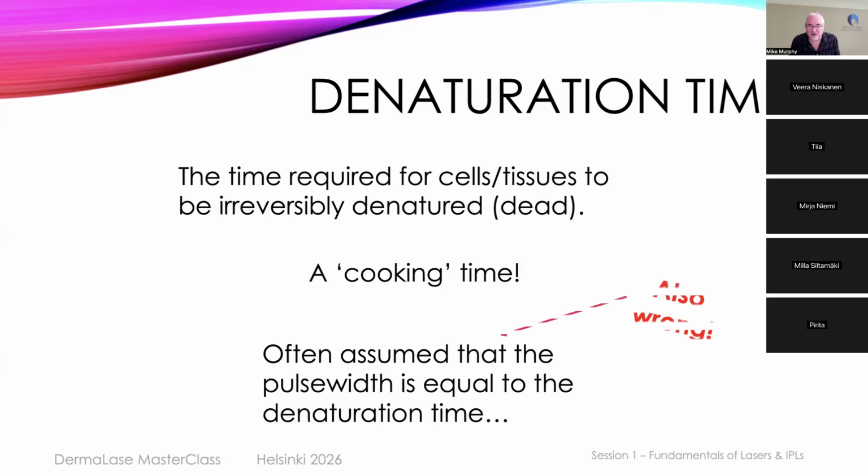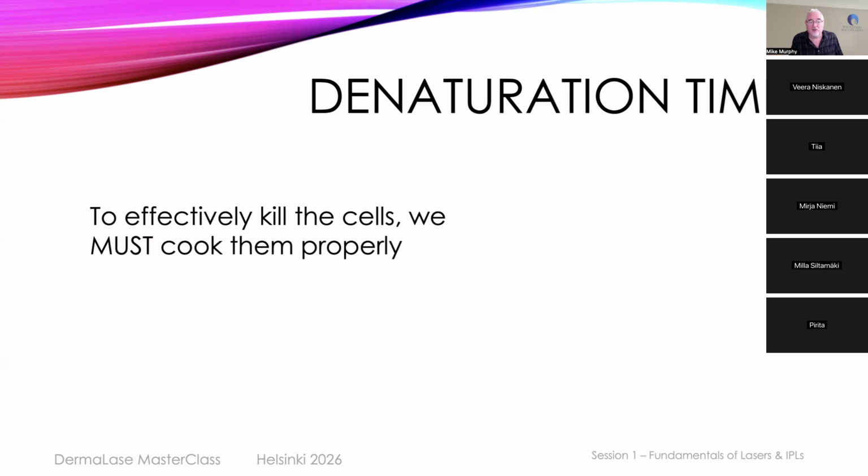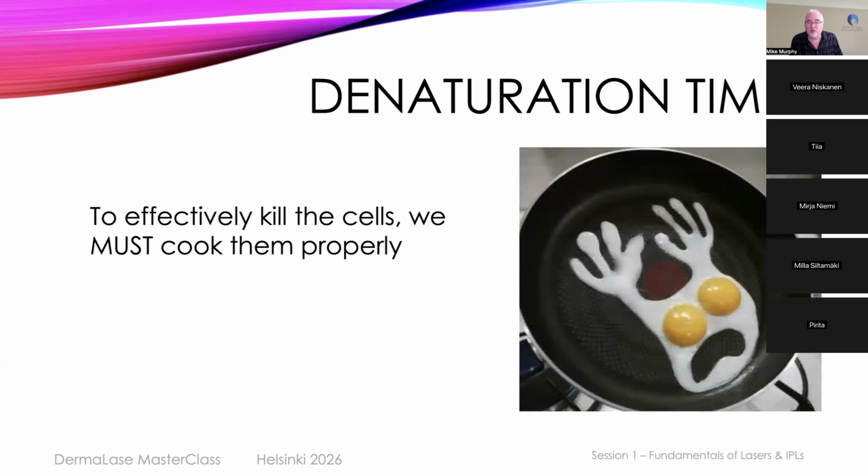That's not true either. There's no relation between the pulse width and the denaturation time, and it actually doesn't matter. So don't worry about stuff like that. It kind of confuses people. A lot of people out there are confused, but don't worry about it because it's not important. To effectively kill the target cells, we must cook them properly.